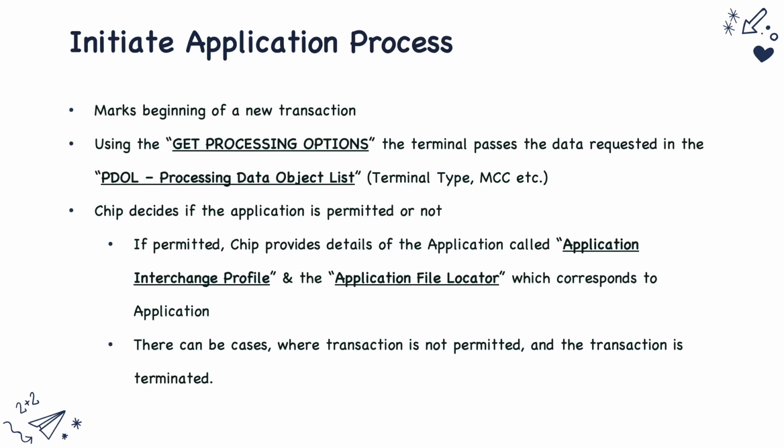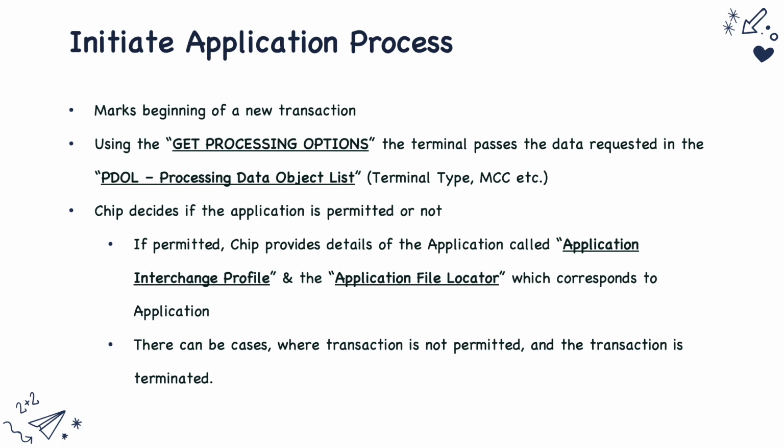Once the application, that is the product with which the transaction has to proceed, is finalized, the next step is initiate application processing. This step marks the beginning of a new transaction. The command that is used for this step is called get processing options, which is initiated by the terminal.